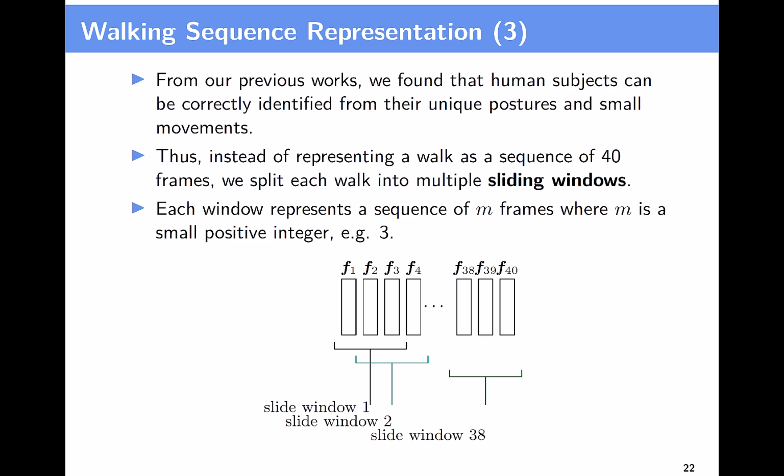Each window represents a sequence of m consecutive frames, where m is a positive integer such as 3. So when m equals 3, we can create 38 sliding windows from window 1 to window 38.